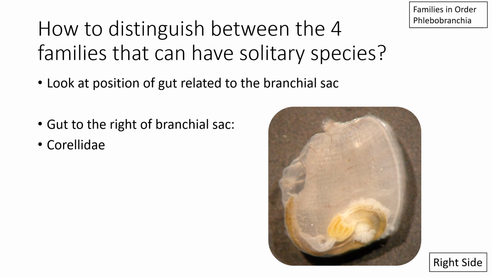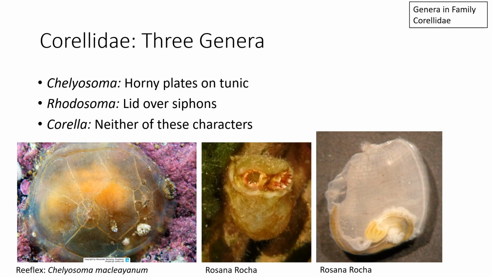The endostyle is the ventral side, so we're looking at the right side of the animal. And we're looking straight at the gut, and then the branchial sac is behind us in the plane of the photograph. So this is a family Corellidae.